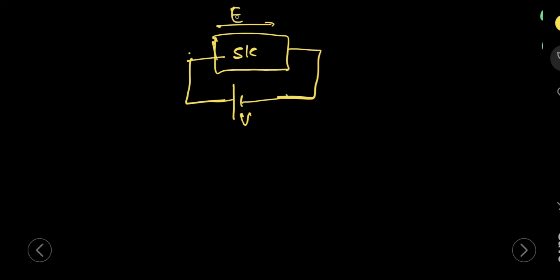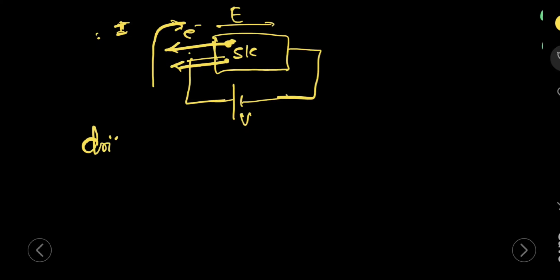Due to applied voltage some electric field will generate, and this electron will drift due to the influence of electric field, in this direction. This drifting of electrons will make a current flow in this direction. The current flow will be in that direction, and that current is called drift current.